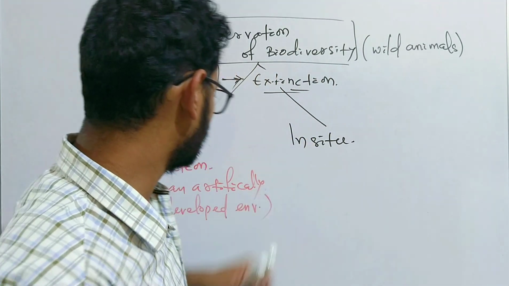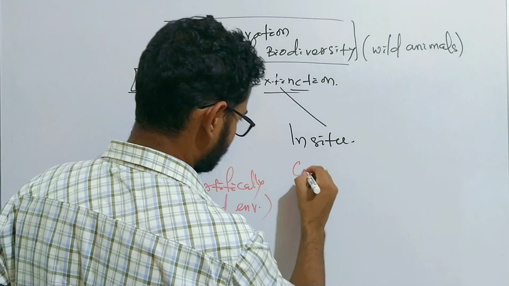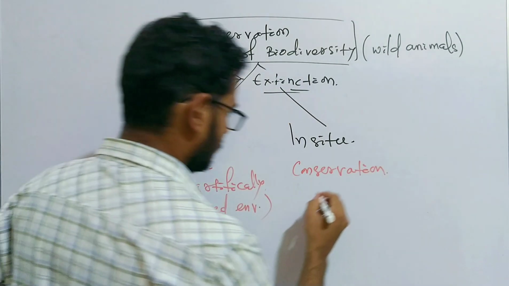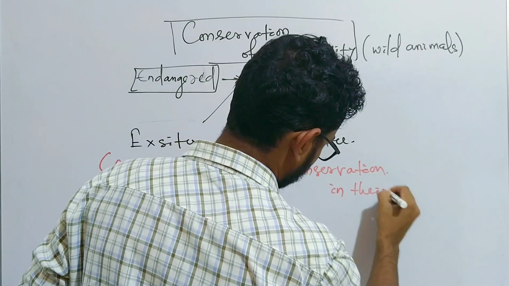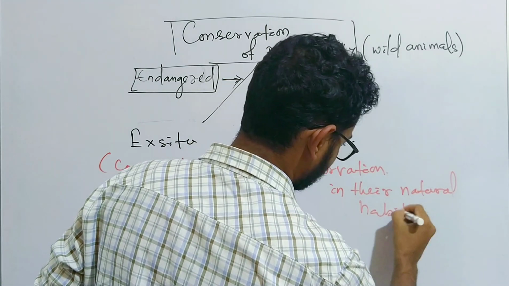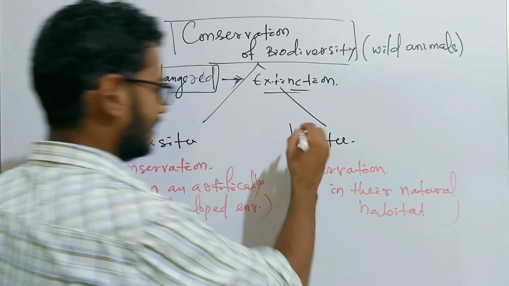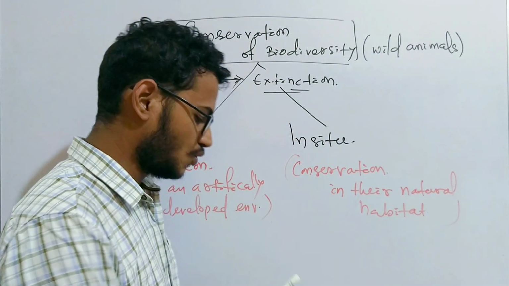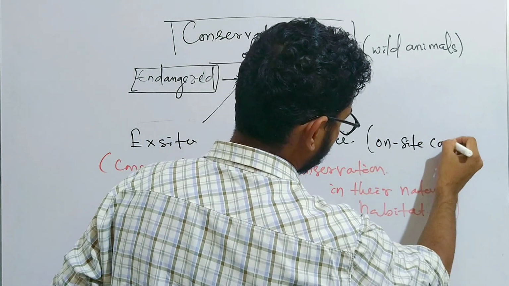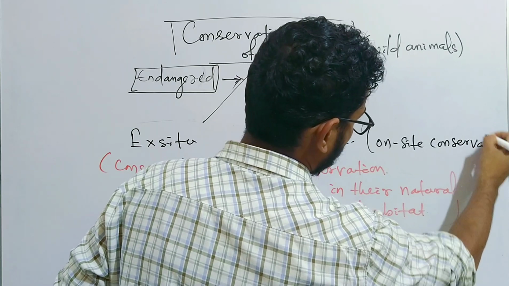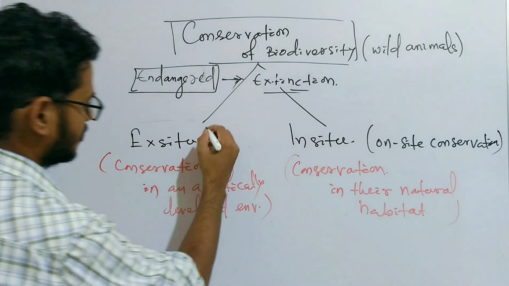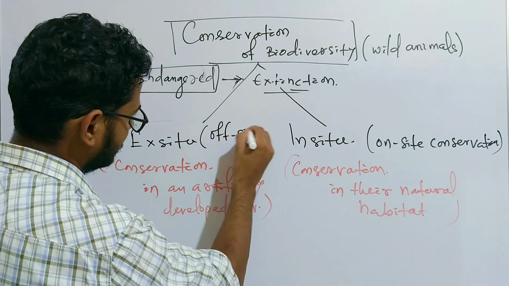And in-situ conservation is conservation in their natural habitat. In-situ conservation is also known as on-site conservation, whereas ex-situ conservation is known as off-site conservation.